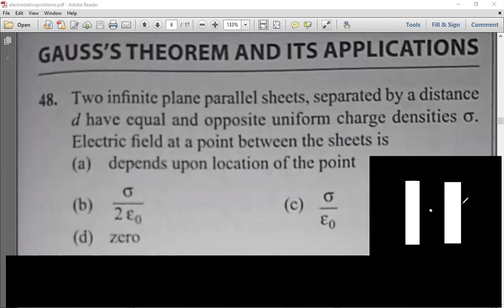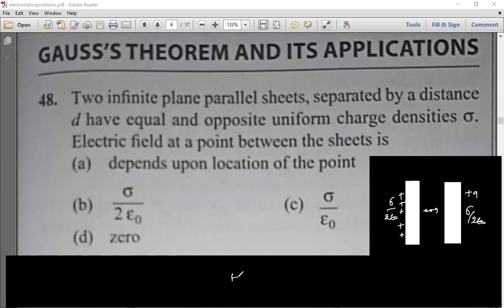Here it is plus Q and its density is sigma, we can say surface charge density, here also sigma and plus Q. So if we see the electric field between these two, because of this you will get sigma by 2 epsilon naught, and this is also sigma by 2 epsilon naught.